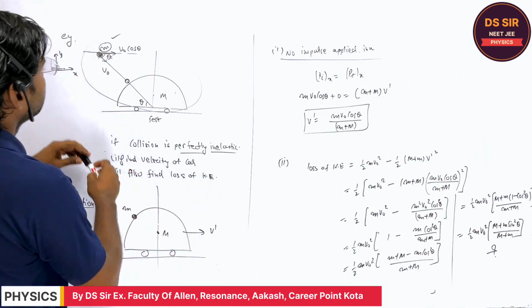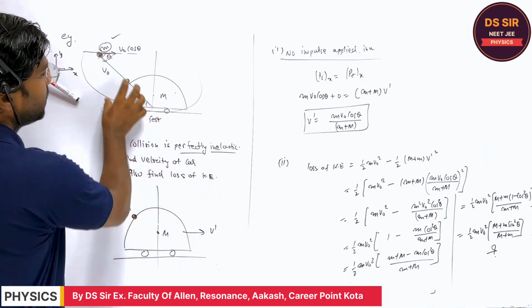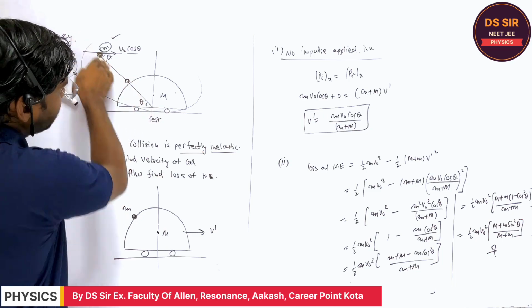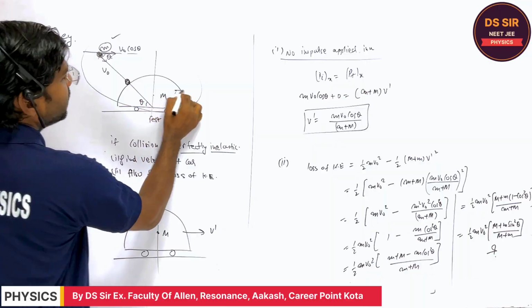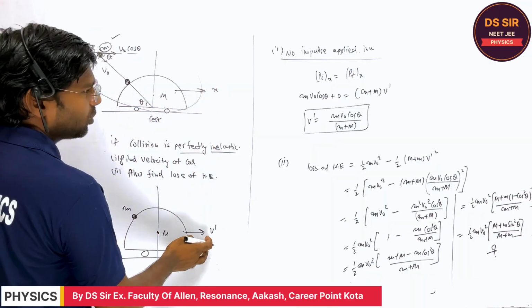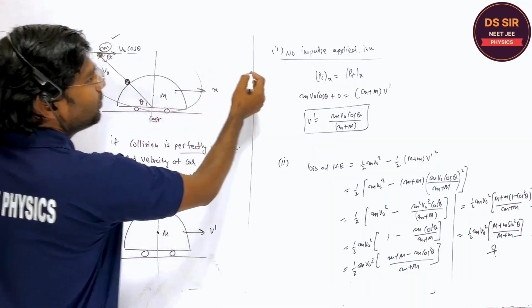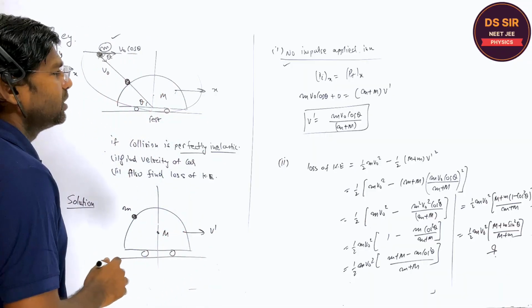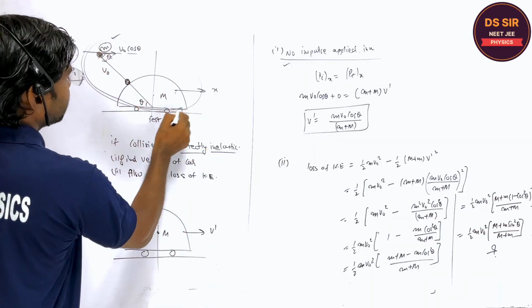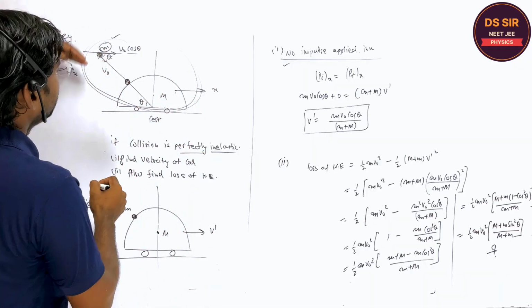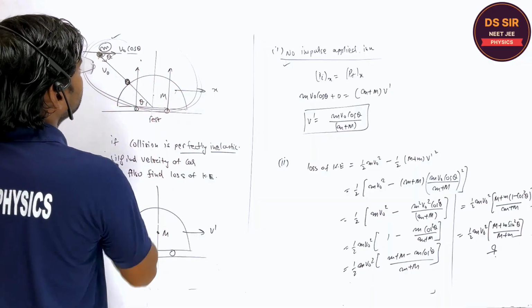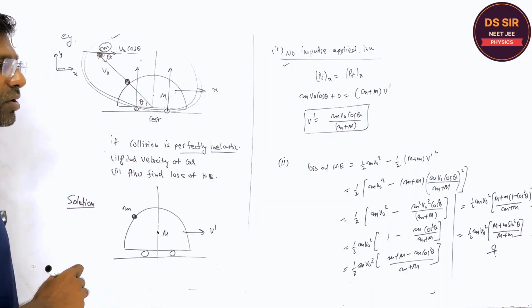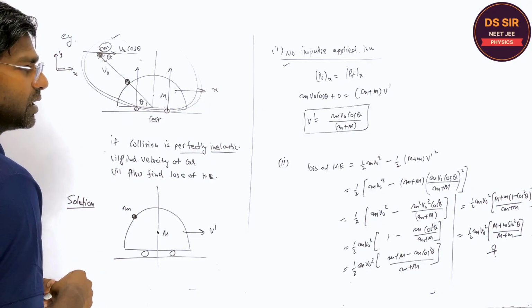What we have done: in the perfectly inelastic collision, after collision, the velocity along the common normal will be 0 and they will stick to each other. In the x direction, they will move with the common velocity, so no impulse in the x direction is applied. As a whole, as a system, when it hits, the impulse will be applied in this direction. Do you understand or not? Are you getting or not? Right.